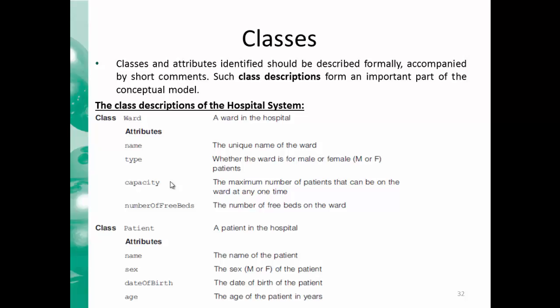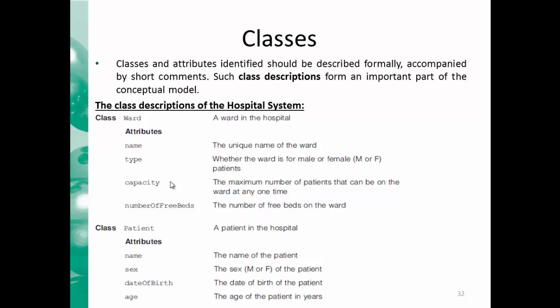Then its attributes identified in the previous slides, name, type, capacity, and number of beds, and a description of every attribute identified. So name, the unique name of a ward. Type, whether the ward is for male or female patients, and so on.